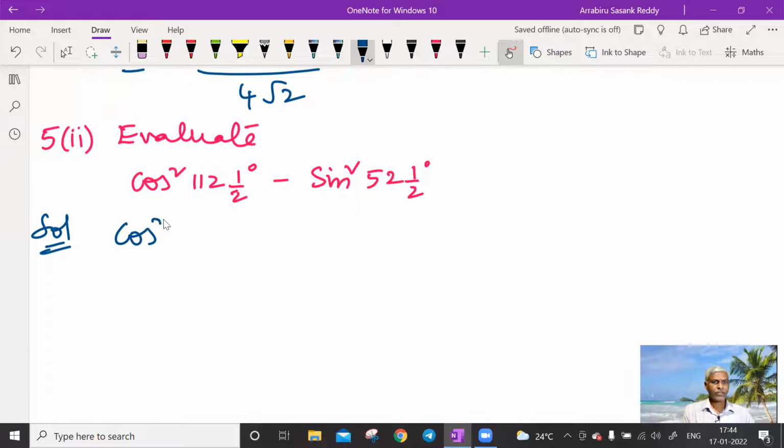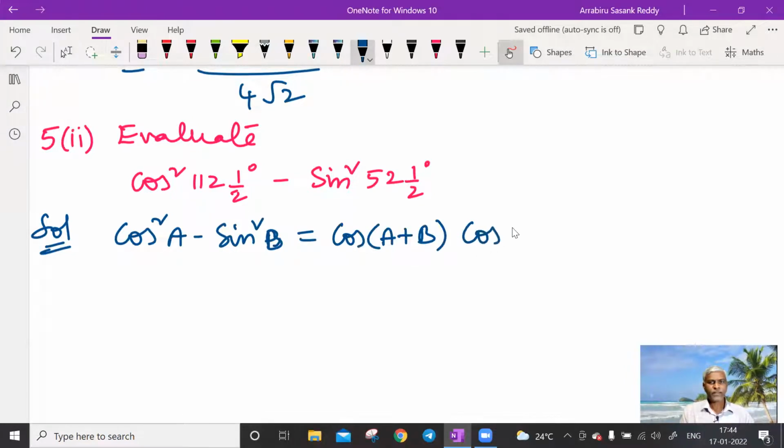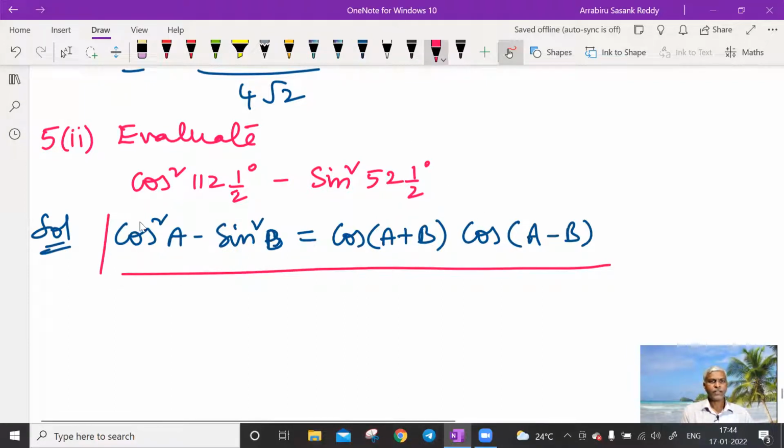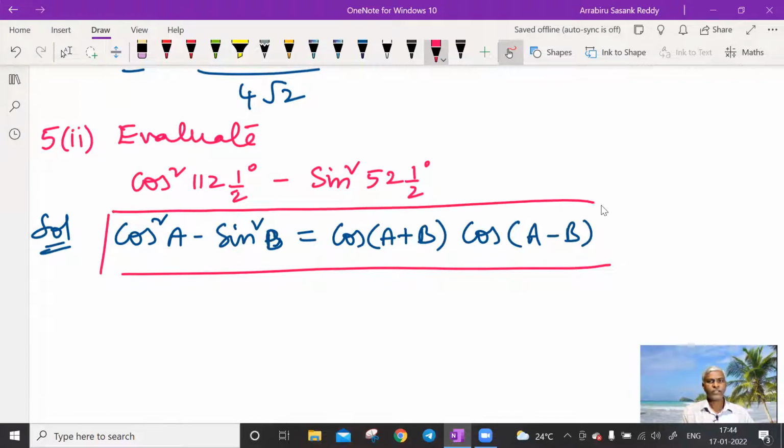The question is in the form of cos square A minus sin square B. This is cos A plus B into cos A minus B. Using this formula, we can write it as, here A is 112 and a half.